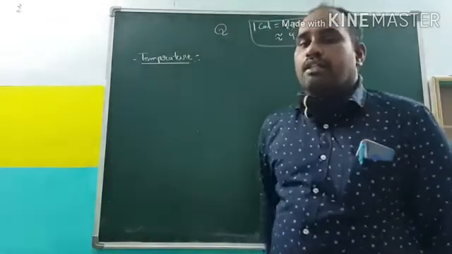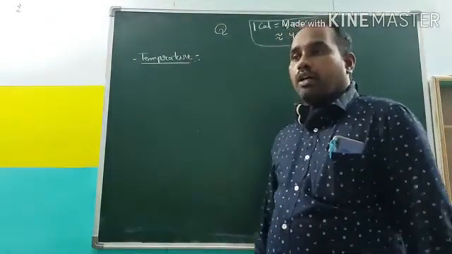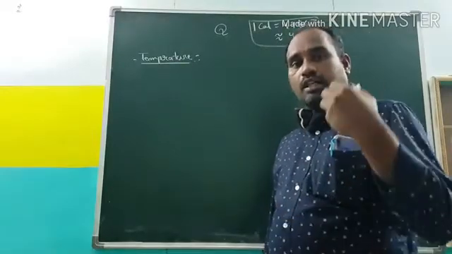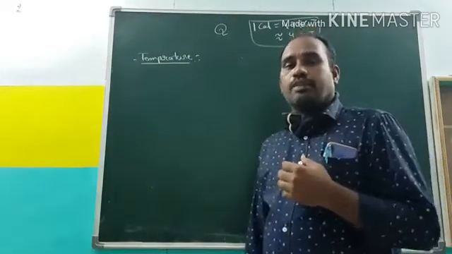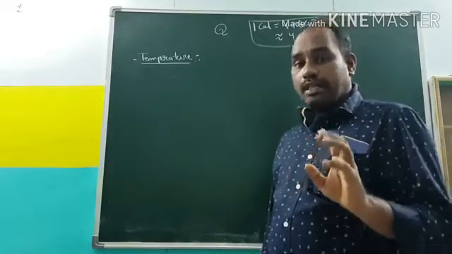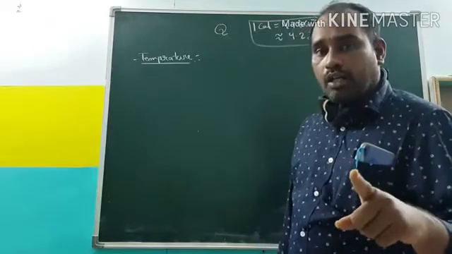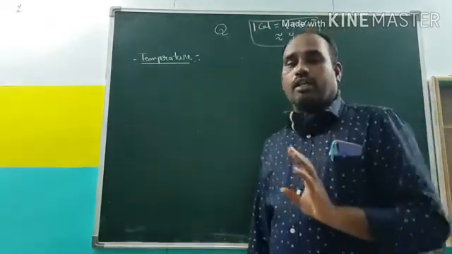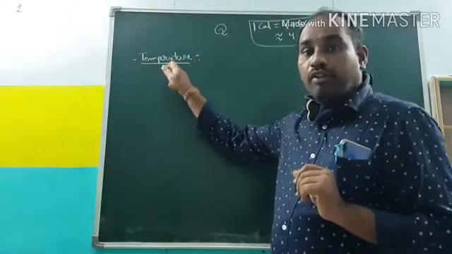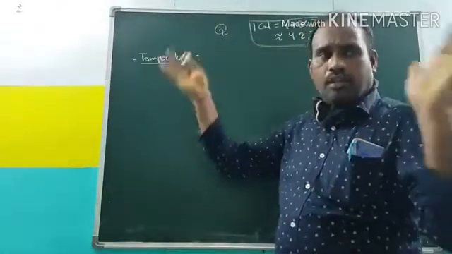In the previous classes, in the units lesson, we had SI units, CGS units, and MKS units. In those units, there are two kinds of physical quantities: fundamental physical quantities and derived physical quantities. Temperature belongs to the group of fundamental physical quantities, so it is not dependent on other physical quantities.